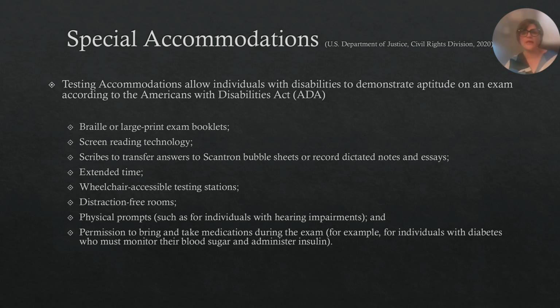This might come into play in our next slide when we talk about people who have English as a second language, someone to scribe for a Scantron bubble, maybe extended time for a variety of diagnoses or disabilities where they might need that.